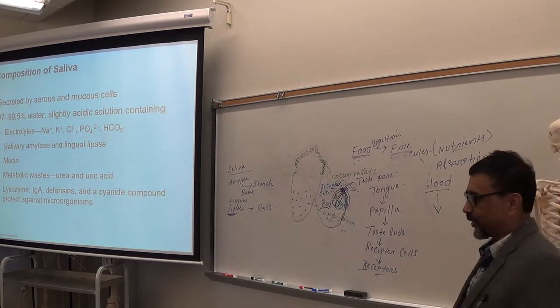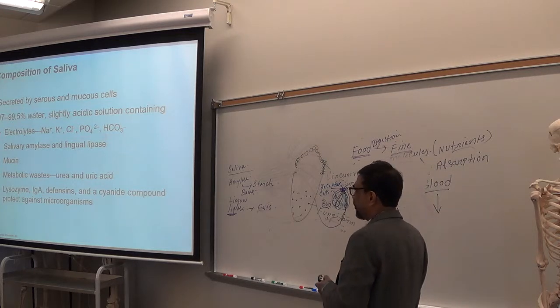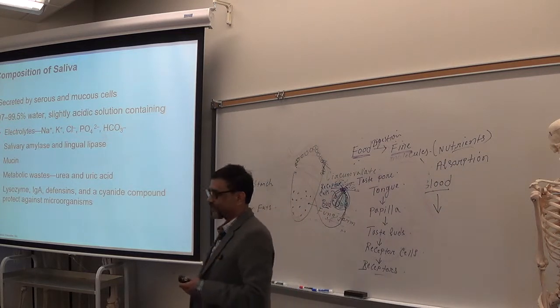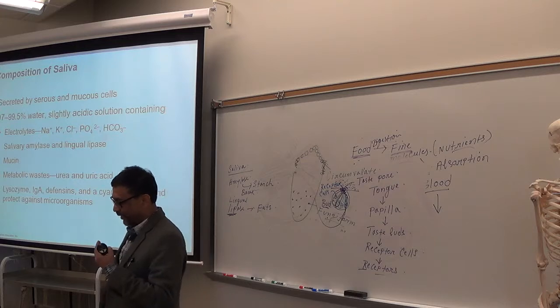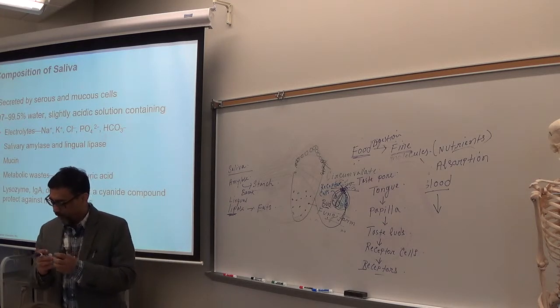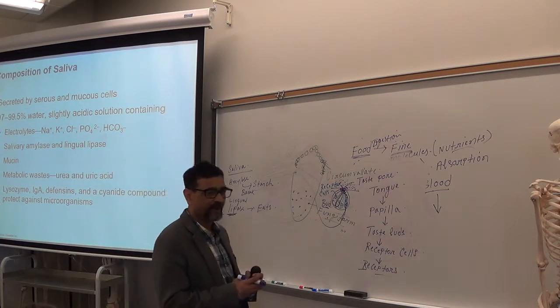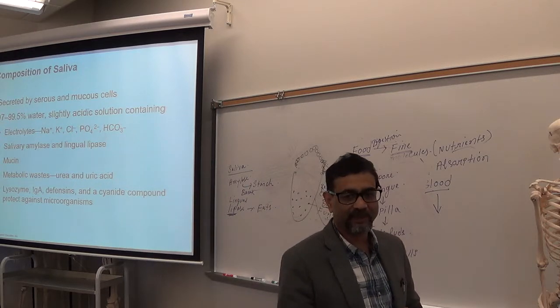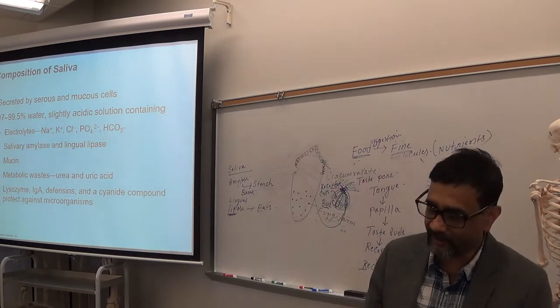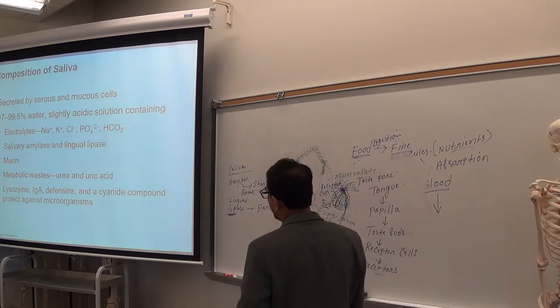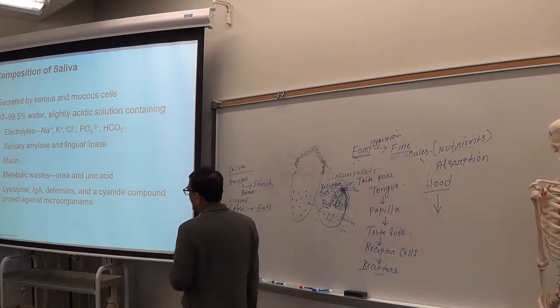Mucin helps in food bolus formation and movement of the bolus. So it makes the surface slippery as well as holds the food pieces together to form the bolus. So that stickiness and slipperiness help in the movement of the food and forming the bolus.